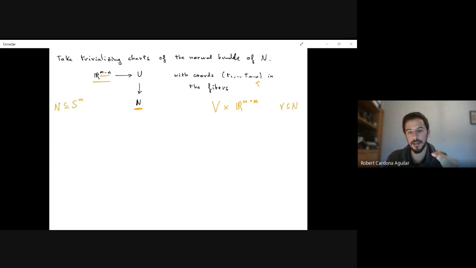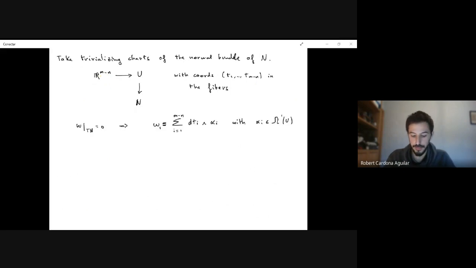I'm just picking a neighborhood of N, and then the normal bundle of V is given by R^r, where r is the codimension of the embedding. So because this is omega 1, this two form, which is not closed but is non-degenerate, is isotropic, this means that I can write it in this form, where t_i are the coordinates in the fibers.